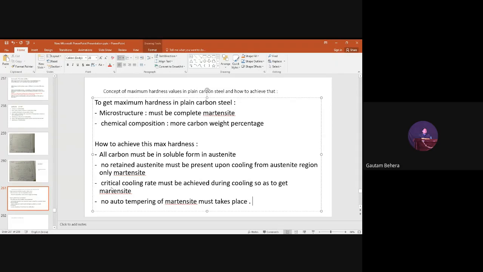But if the carbon decreases, the tetragonality decreases, because martensite is a supersaturated solid solution of carbon. So if you raise the temperature, diffusion starts, the carbon ejects from the martensite, the tetragonality decreases, and the hardness and strength decrease.